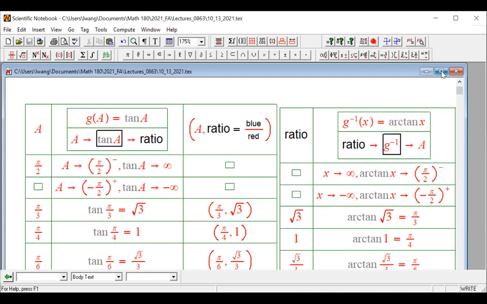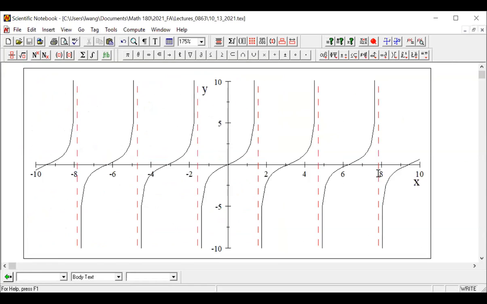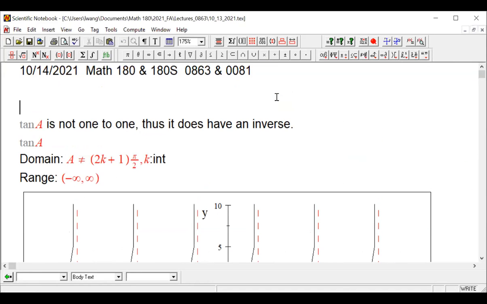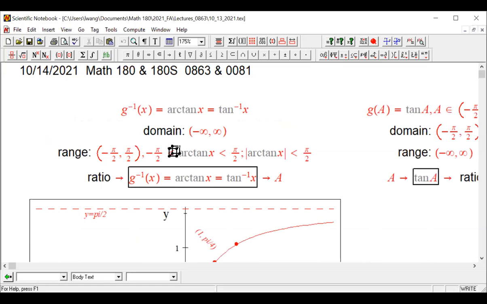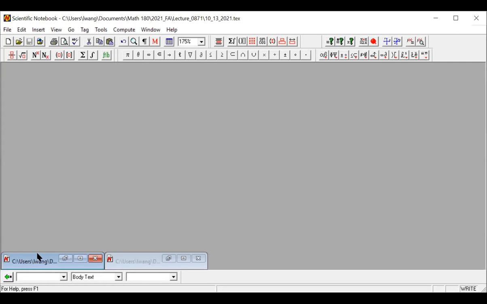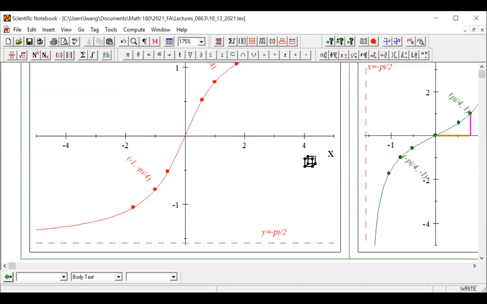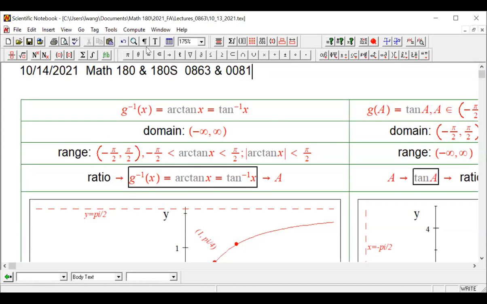And if we bring both pictures together in one picture, this is what you get.